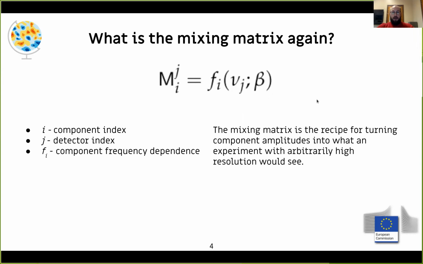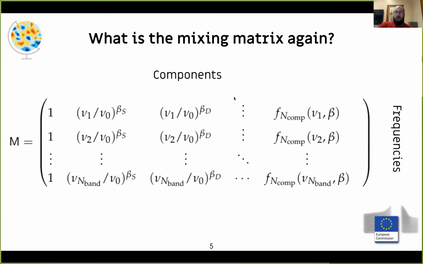If you put it in this form, it essentially becomes a linear operation from each component to each frequency. So you end up getting an n component by n frequency matrix.